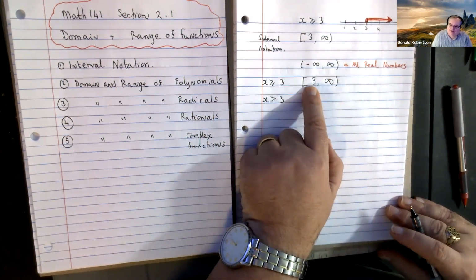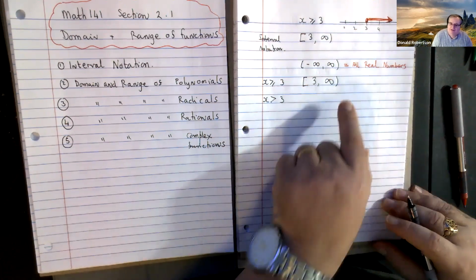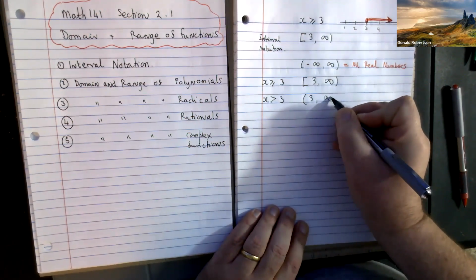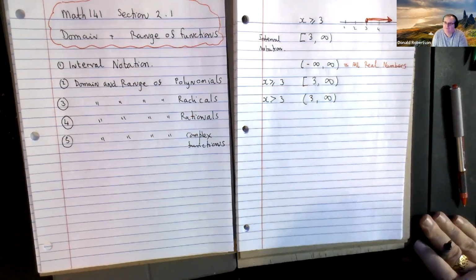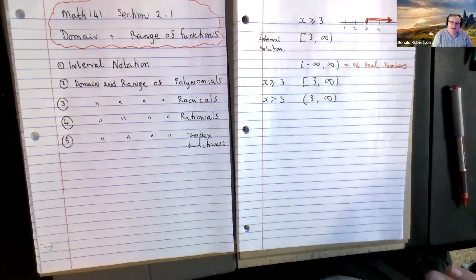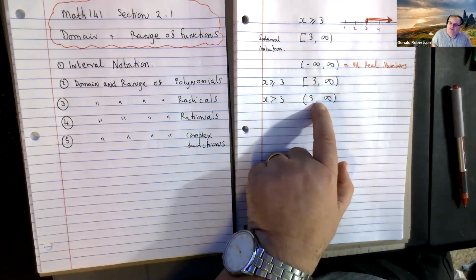So greater than or equal to 3 has a square bracket on the 3, means you can use 3, to infinity. Now, if you have greater than, do you see the difference? Okay, so in interval notation, if you're trying to tell people x has to be bigger than 3 but not allowed to equal 3, that's your answer.